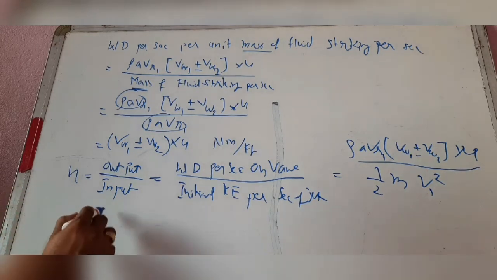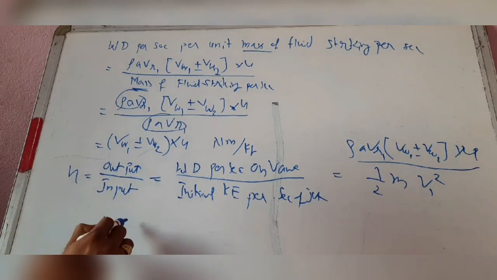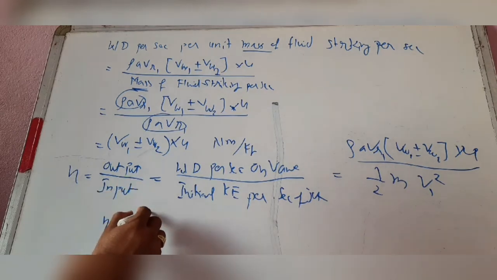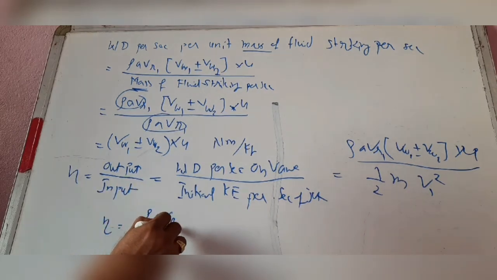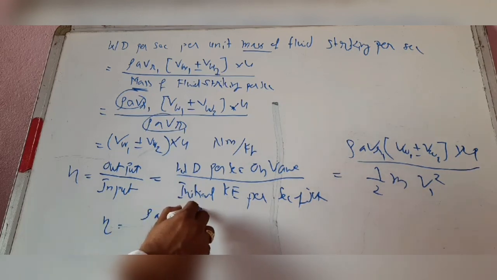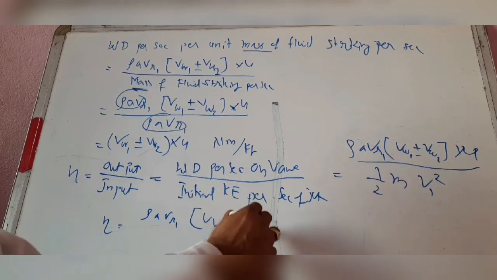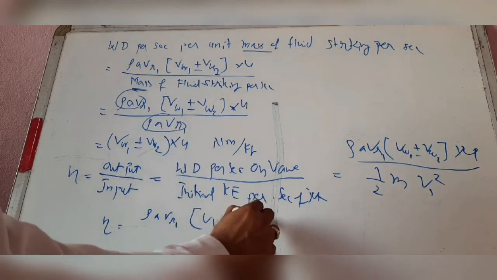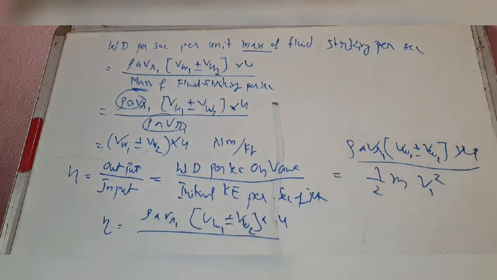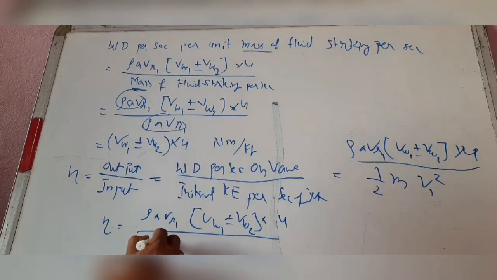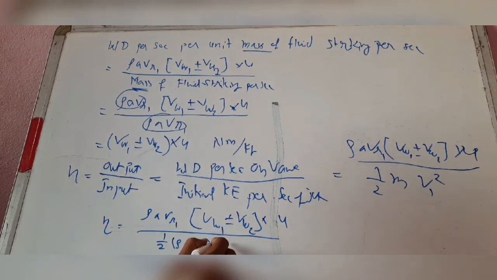So the efficiency eta is equal to rho A VR1 (VW1 plus or minus VW2) U, divided by half of rho A V1, in place of mass, times V1 square.